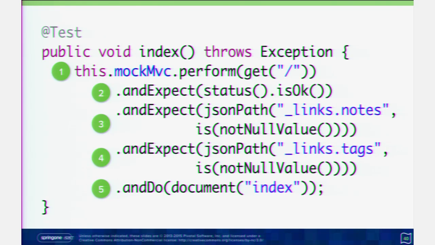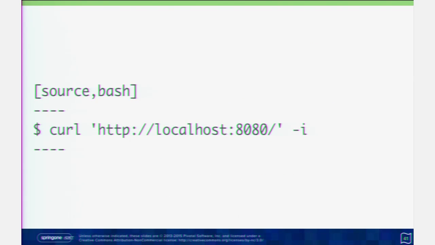And in step 5 here, that's when Spring REST Docs enters the picture. So what I'm doing here is saying, I want to document this request that I've just made against the service. And index is basically just saying, put the documentation in a folder called index. It's just controlling where on the file system the auto-generated documentation ends up. And what that will do is generate some snippets for me, AsciiDoc formatted snippets.